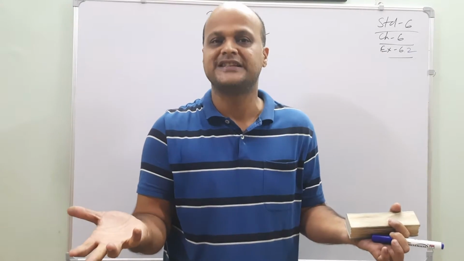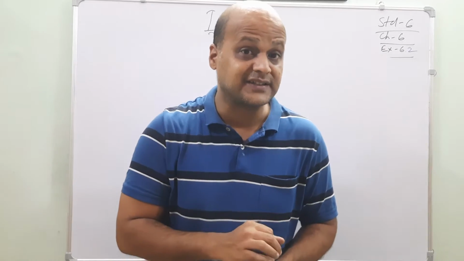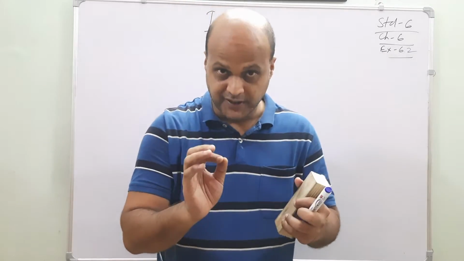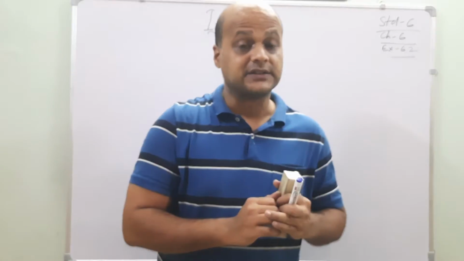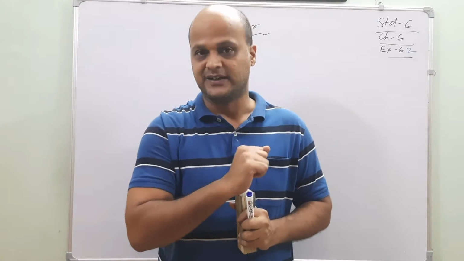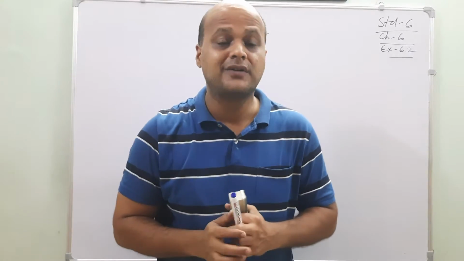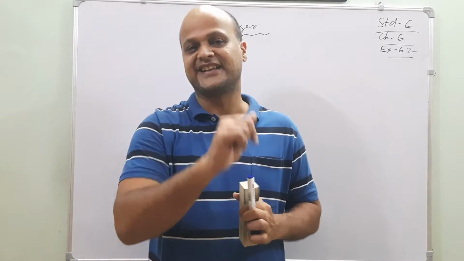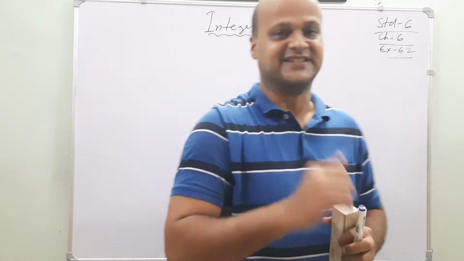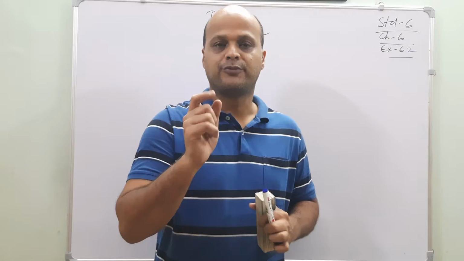Positive integers are always bigger than negative integers. And remember, in case of negative integers, those nearer to zero are bigger. But in case of positive integers, those far away from zero are the biggest. Okay, let's discuss one by one from your exercise.